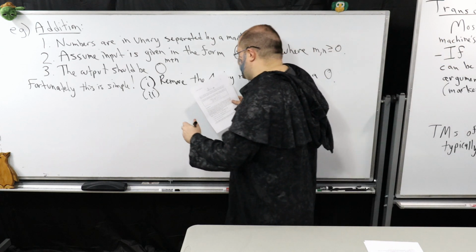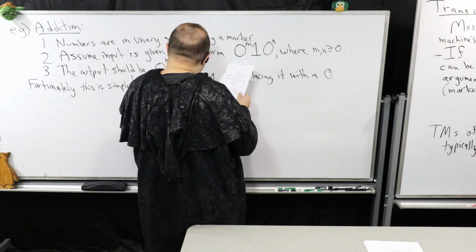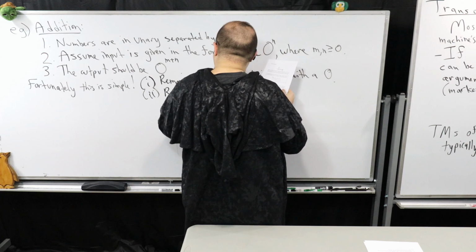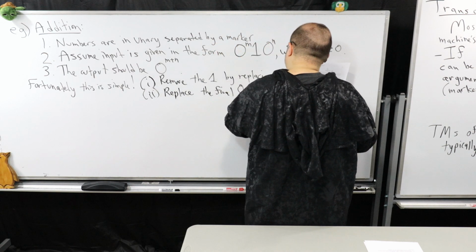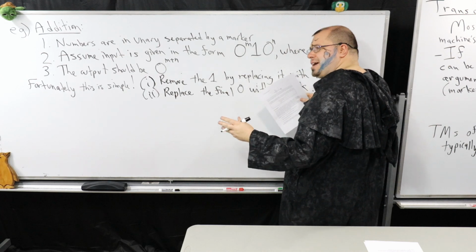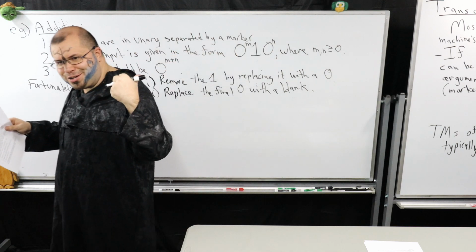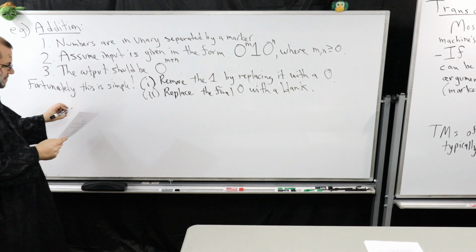That's a wonderful suggestion. So I'm just going to replace the final 0 with a blank. Now, if you think about it that way, this actually isn't that different from the example I just did previously. I just need to think about it a little differently.